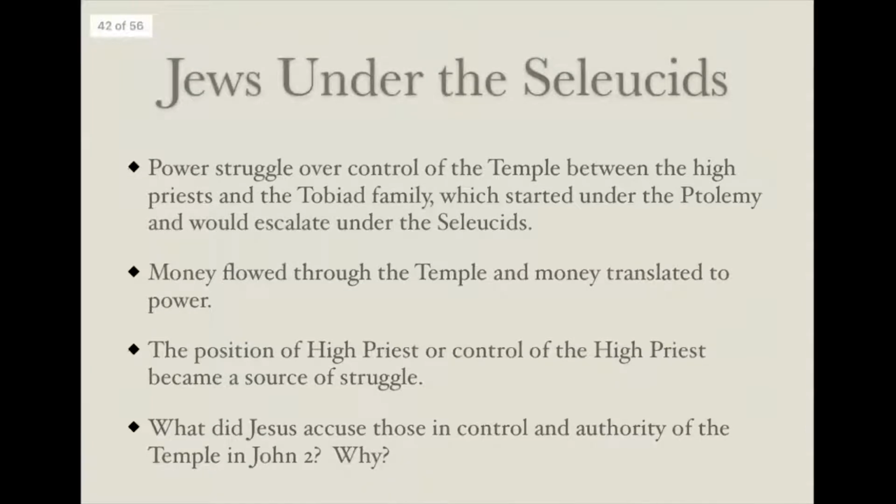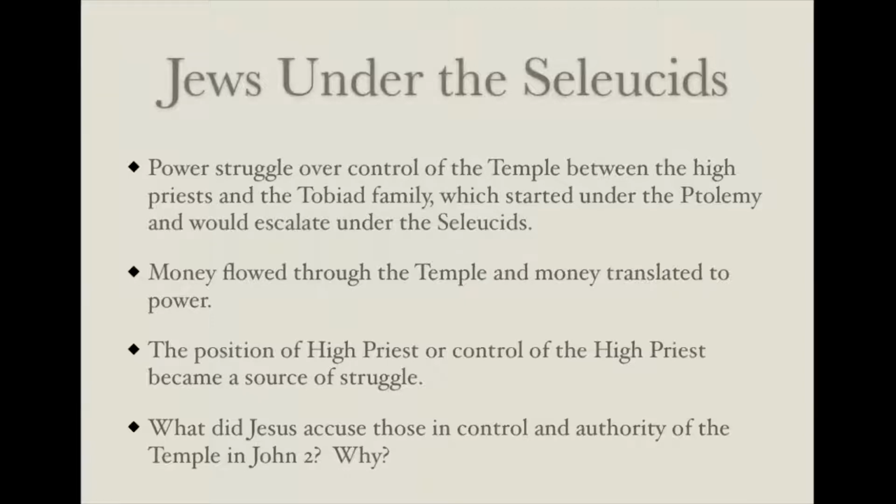So, as we saw, there was a power struggle over the control of the temple between the high priest, the Jews, the Tobiah family, and the different factions within the Jews, right? It started actually under Ptolemy, but it escalates under the Seleucids.